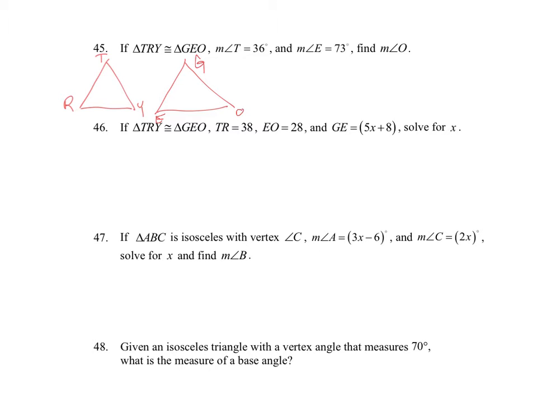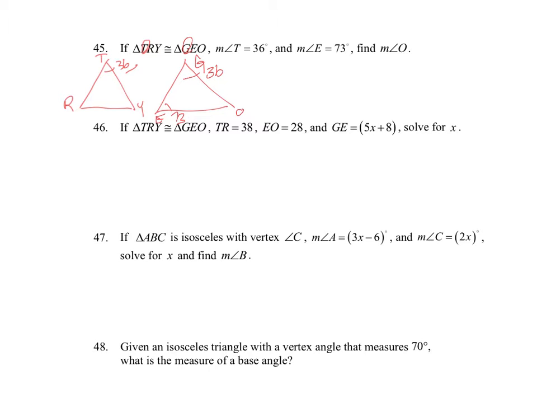And we are told that the measure of angle T is 36, and the measure of angle E is 73, and we need to find the measure of angle O. So we know that if these are congruent, then angle T would be congruent to angle G. So therefore, if this is 36, this would have to be 36.